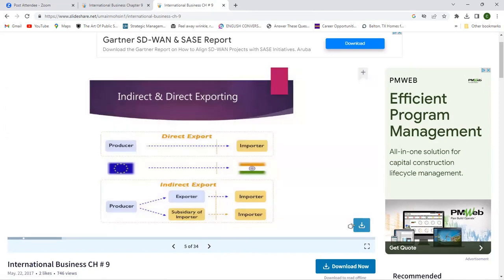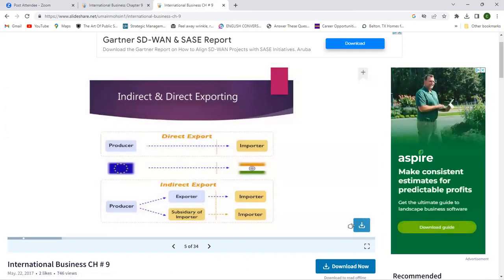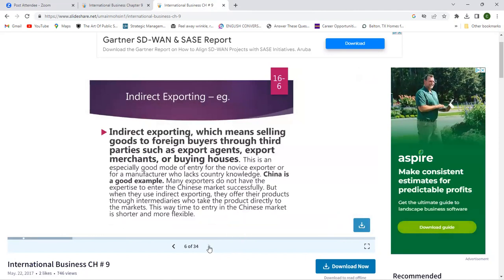Indirect exporting means selling goods through intermediaries to foreign buyers, and export merchants are buying houses.